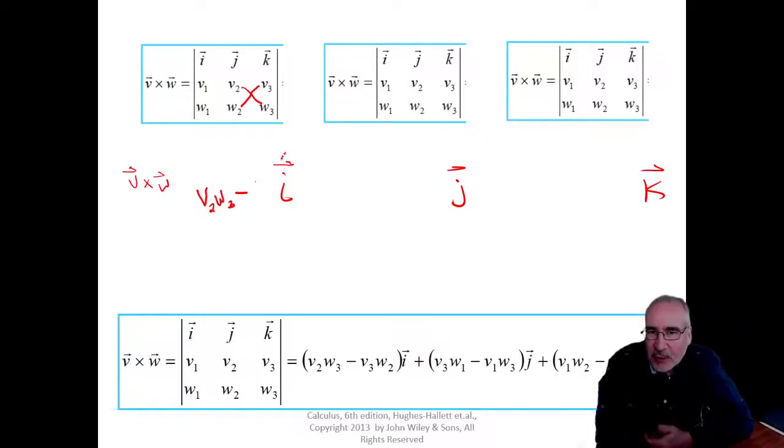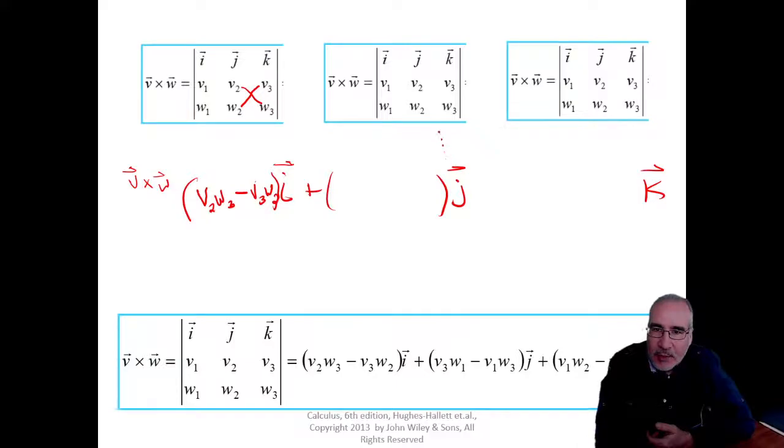Because those are coefficients in front of the vectors, because vector V is V1I. So that is going to be V3 times W2. So downward, backwards.